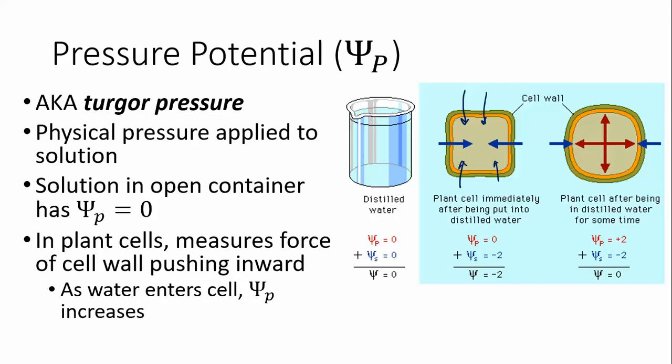Basically, things are going to move until the total water potential is equal on the inside of the cell and the outside of the cell. So you're going to have some solute potential, and then an equal but opposite pressure potential, basically provided by the cell wall pushing in.